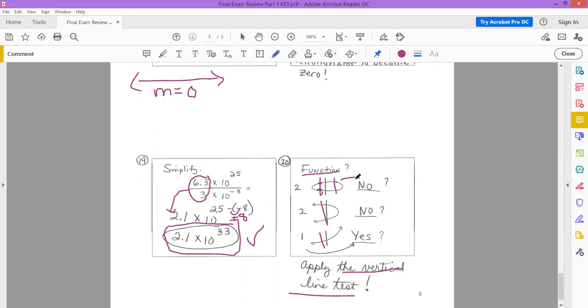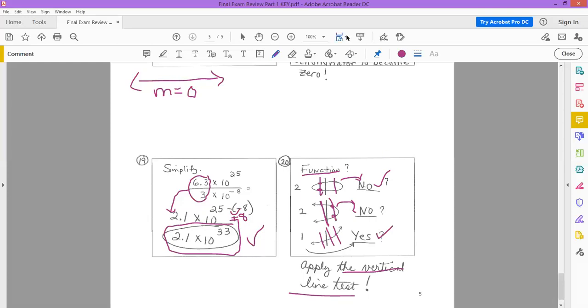So that means it's not a function. Here, the line touches the graph in 2 places, the top and the bottom. So again, this is not a function. However, in the last graph, if we draw vertical lines, we touch the graph only at 1 point. So that means that this is a function. So no, no, and yes.